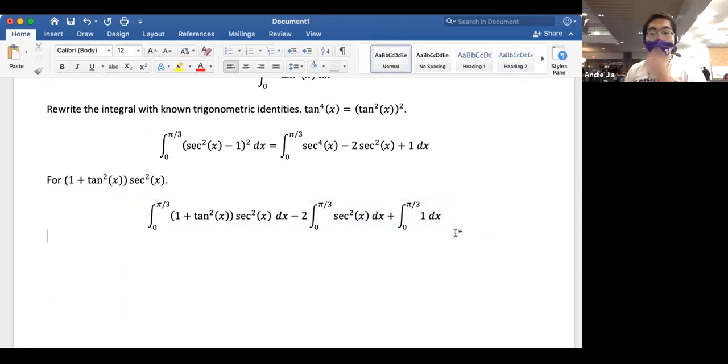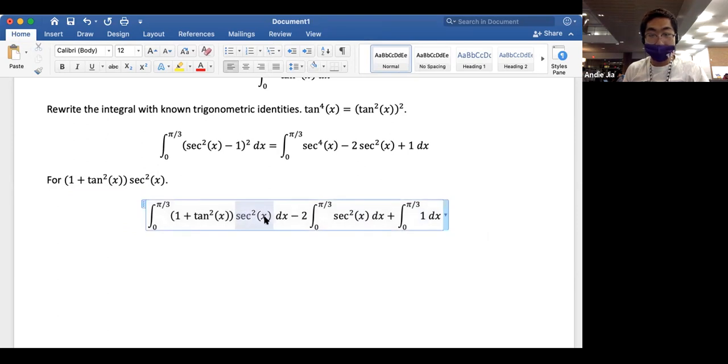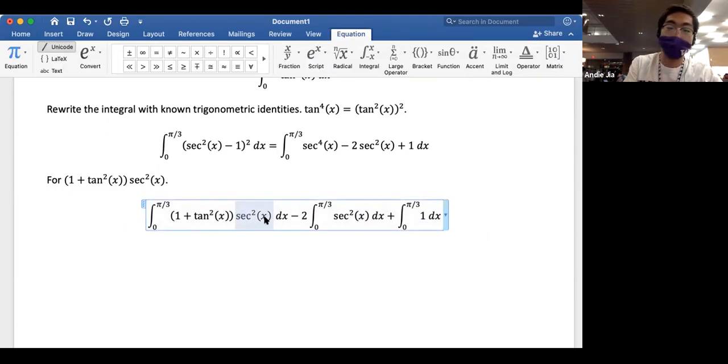So does this make sense to you? Then use u equals tangent of x, change the bounds, and this will be canceled out, then get 1 plus u squared, then do the computation. So does this make sense to you?